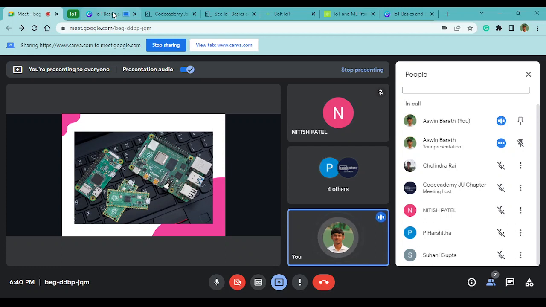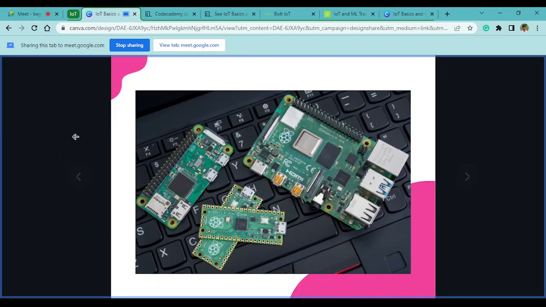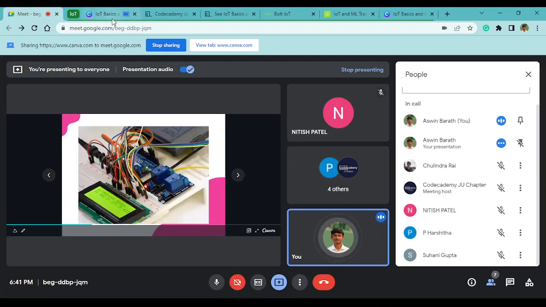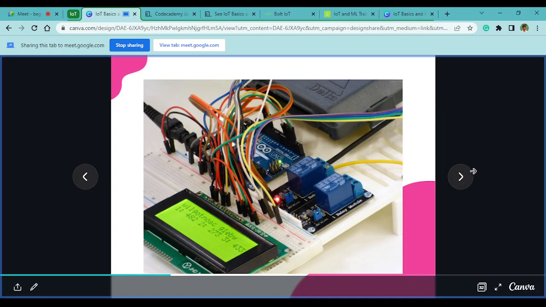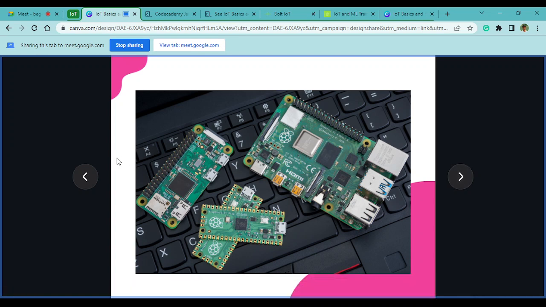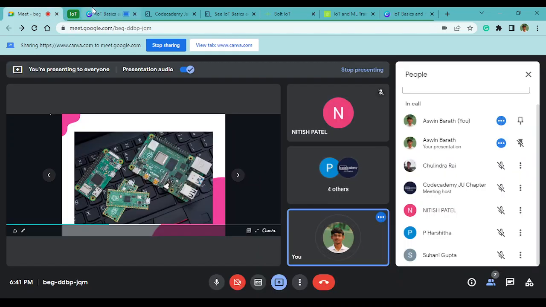Whereas your Arduino is a microcontroller, so it has limited processing power, and based on that, you can only create a certain number of projects. With Raspberry Pi, you can create a lot more projects. Those who require more processing power, let's say you want to build a project but also process that data on the board itself, can use Raspberry Pi.